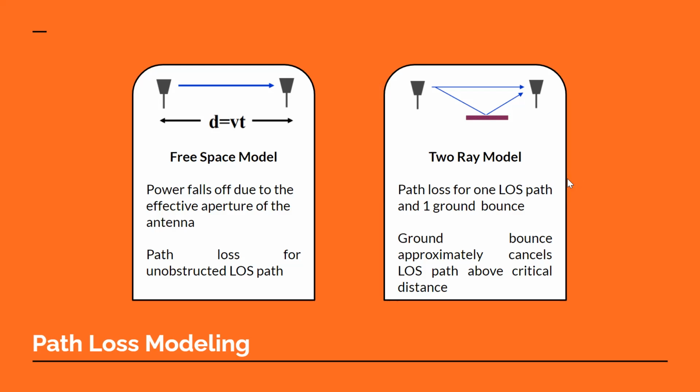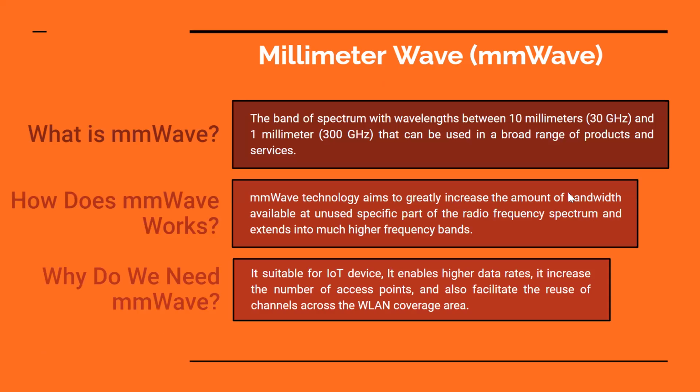So the two path cancellation is equivalent to a two element array. For example, the effective aperture of the receive antenna will change.